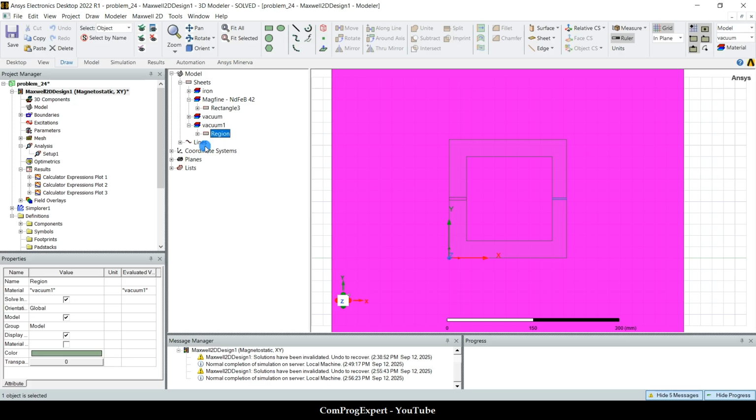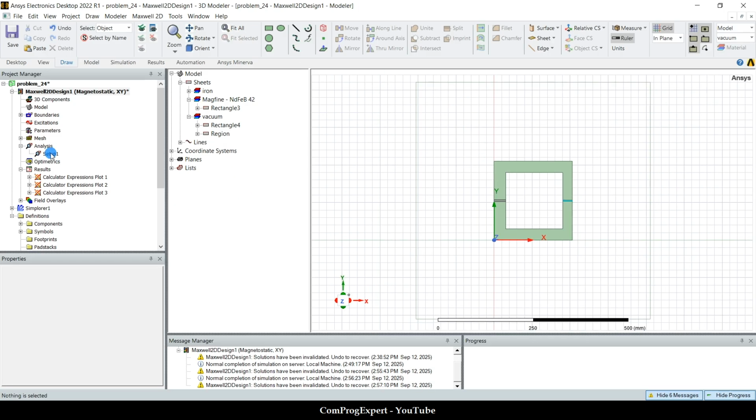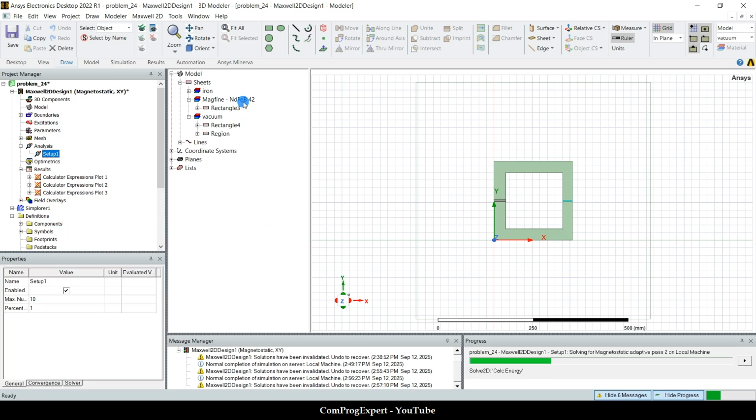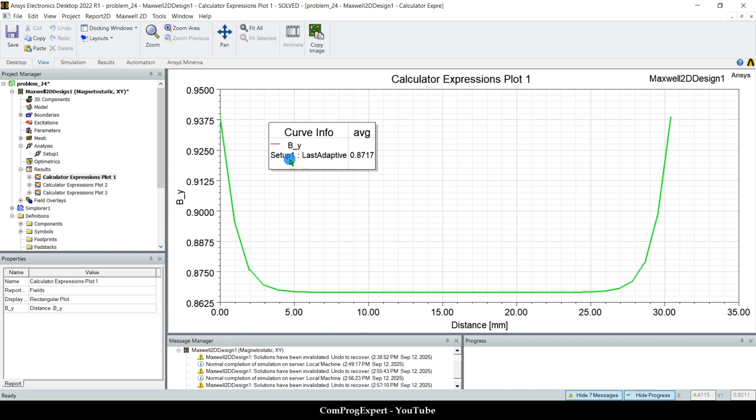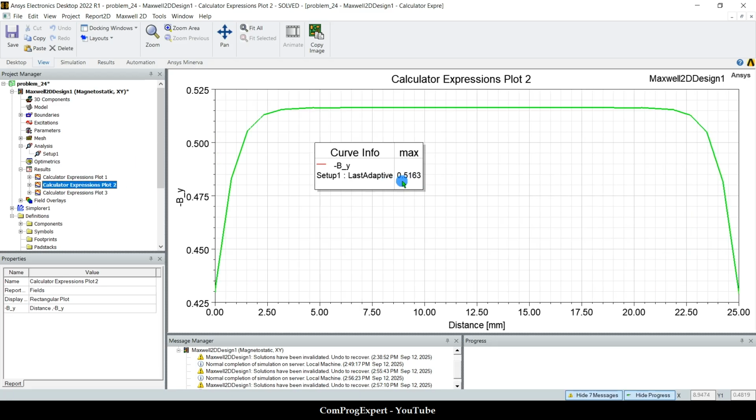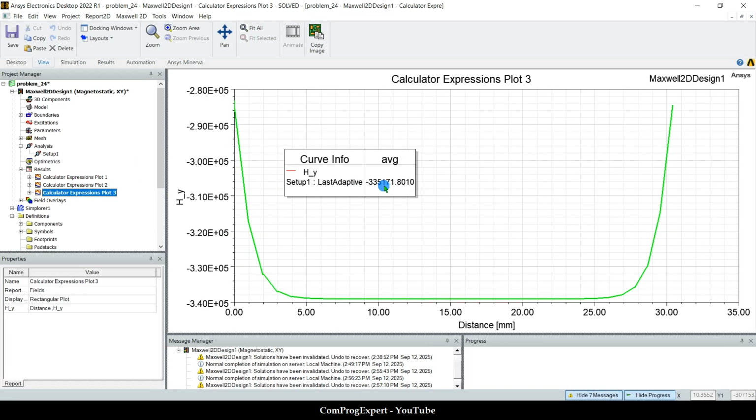So finally, let me consider vacuum for the region and repeat the analysis for NdFeB magnet and include the leakage flux in the finite element calculations just to compare numbers. Here, as you can see, this is the value of the B in the magnet, 0.87, the value of the B in the air gap, and this is the HM.